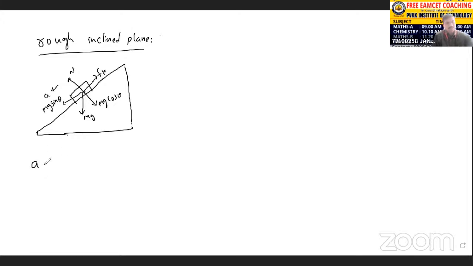Got it? Remember the formula. Acceleration a is equal to mg sin theta minus mu k into mg cos theta, divided by m. Here the major force is mg sin theta minus mu k, which is equal to ma.